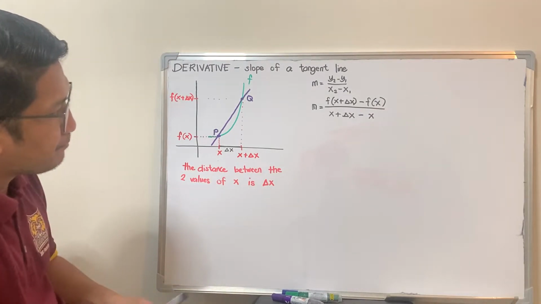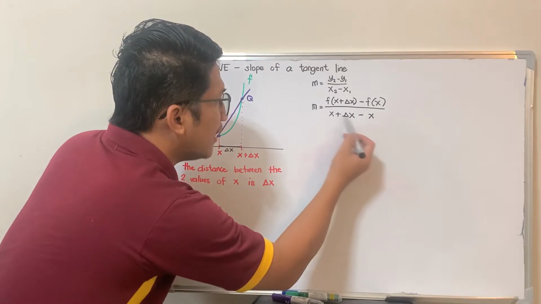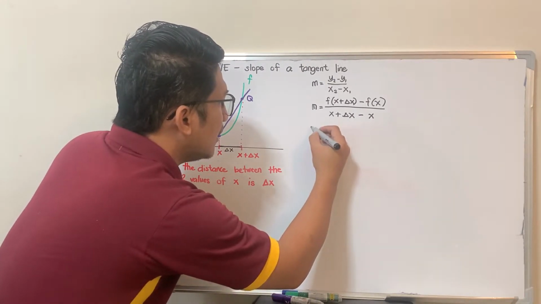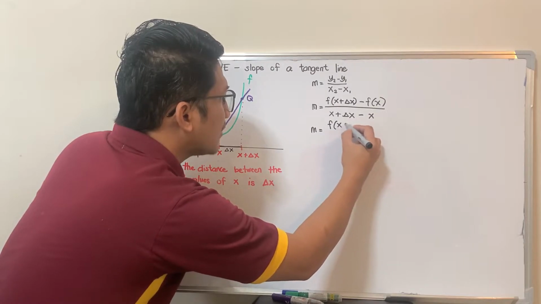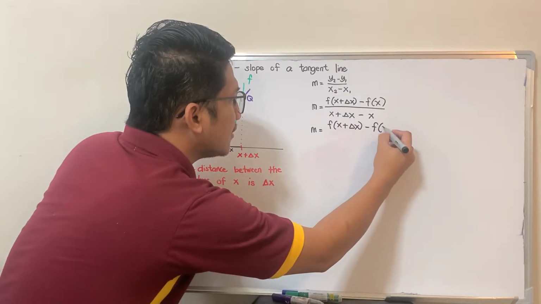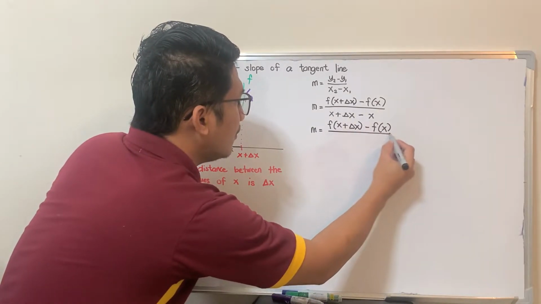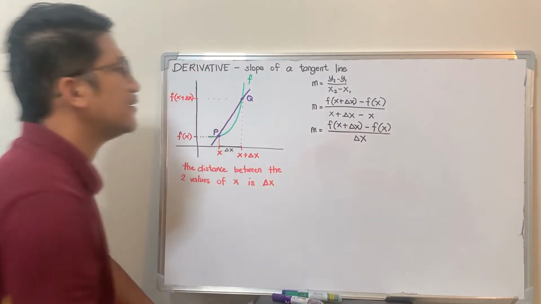But anyway, so from here, pwede mo siyang i-simplify. X minus x, so makakansel sila. Which means this is just equivalent to f of x plus the delta x minus the f of x, all over, cancel lang ang x, so you have delta x na lang ang mahibilin.